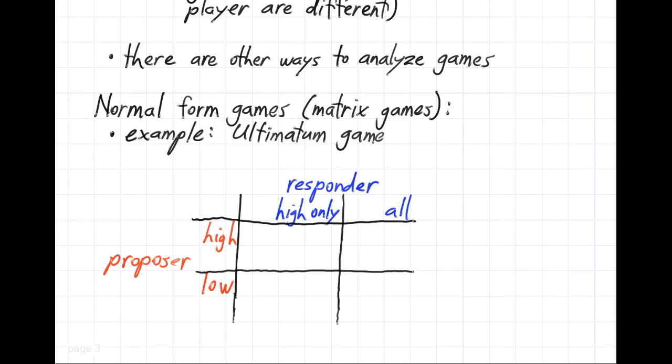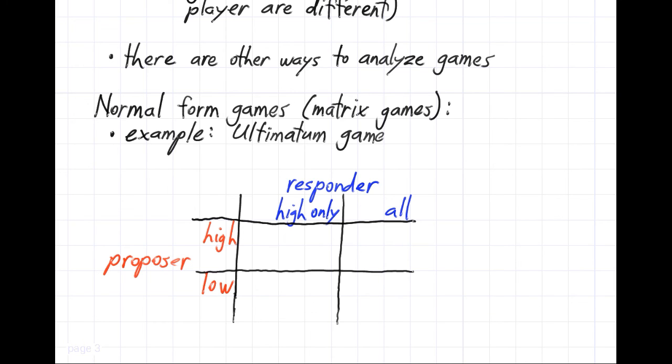Let's start by looking at the responder's payoff. If the proposer plays high in the top left box, the proposer plays high and the responder accepts high only, then the responder gets that high only payoff.